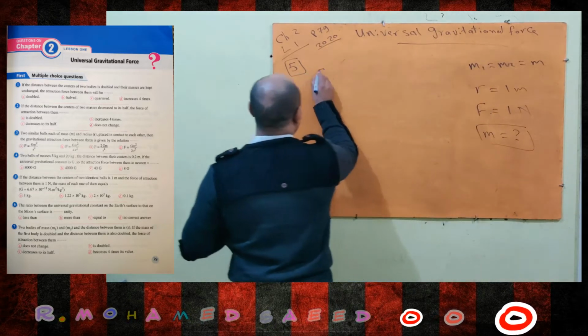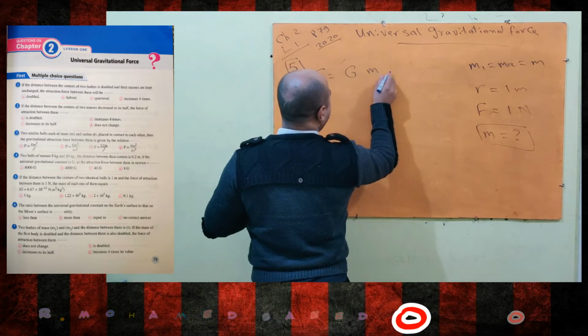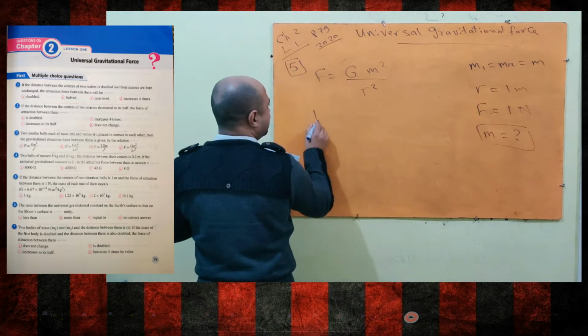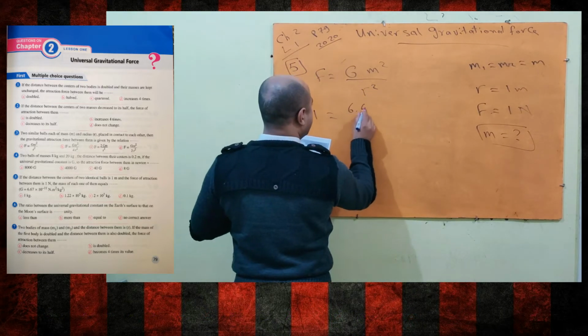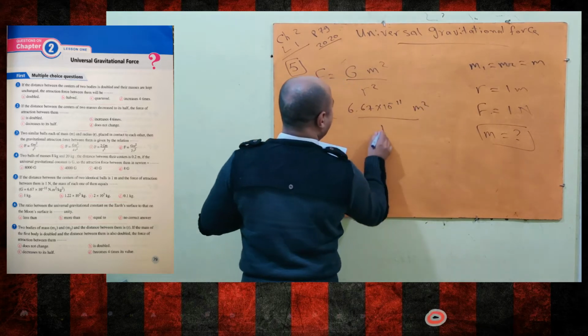By substituting F equals G M1 M2, M times M, M squared over R squared. So F equals 1, G 6.67 times 10 to the power negative 11 M squared over 1 square.